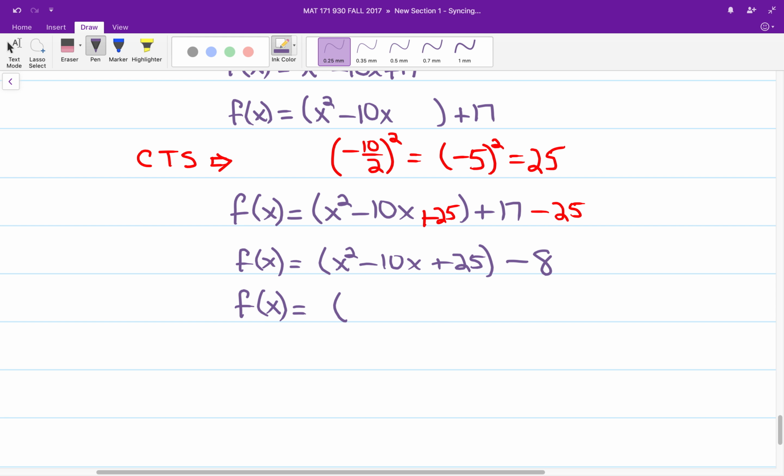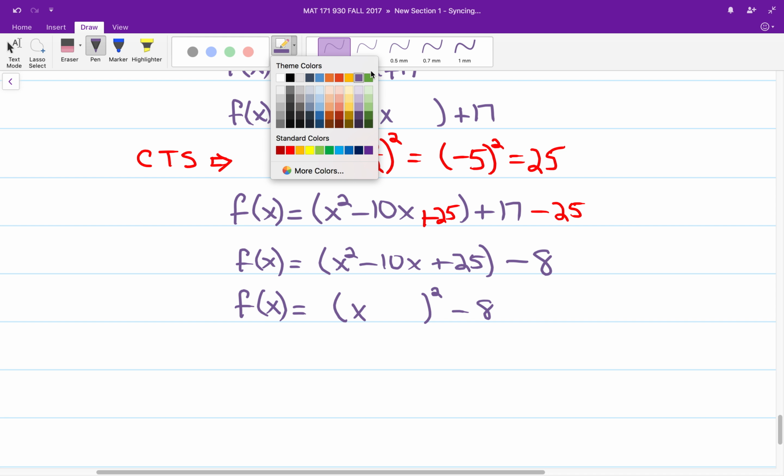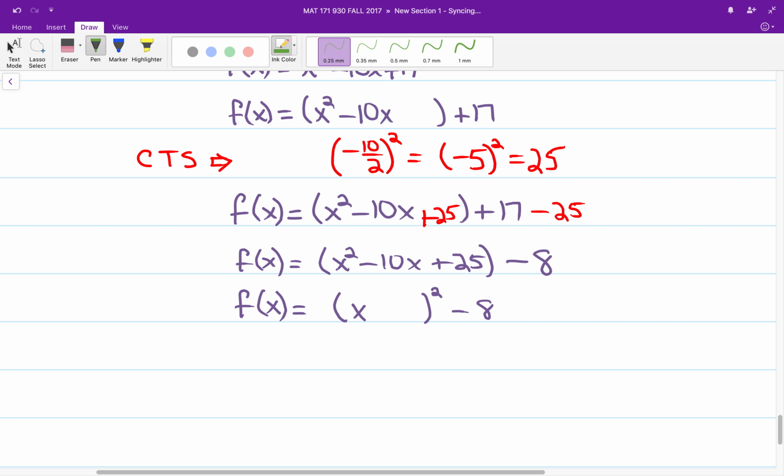For x squared minus 10x plus 25, that is a squared trinomial. From x squared I have x, and for 25, I had just squared out negative 5. So x squared minus 10x plus 25 is the square of the binomial x minus 5.